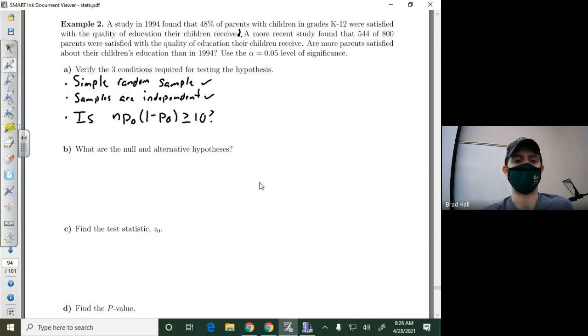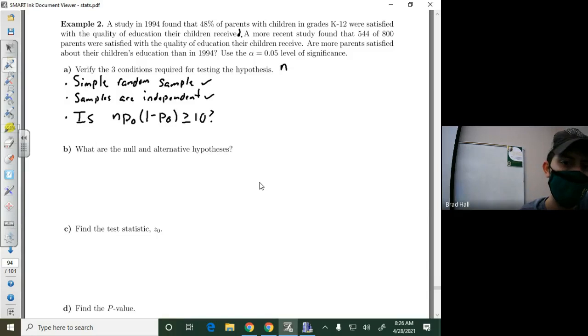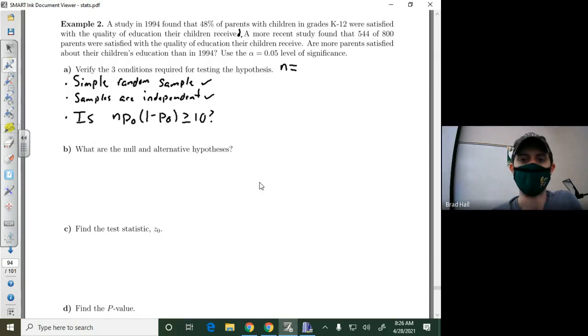So that implies that we need to figure out what n is and what p0 is. Now remember, n is the sample size. n seems to be 800.